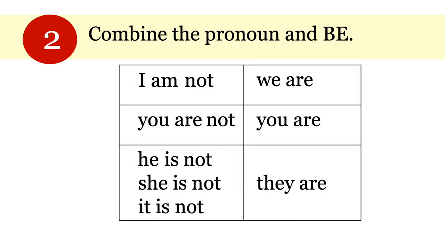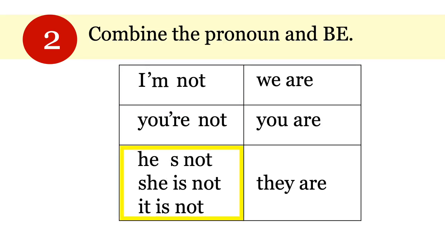The second way is combine the pronoun and be. You already saw this with the be verb chart. Look at I am not. Remember, drop the A, push it together. Don't forget the apostrophe. I'm not. You are not. Same thing, drop the A, make one word. Don't forget the apostrophe.